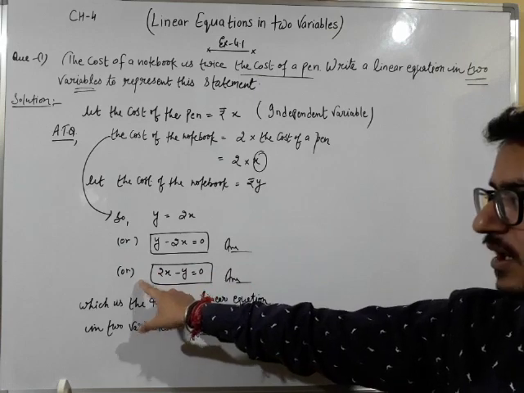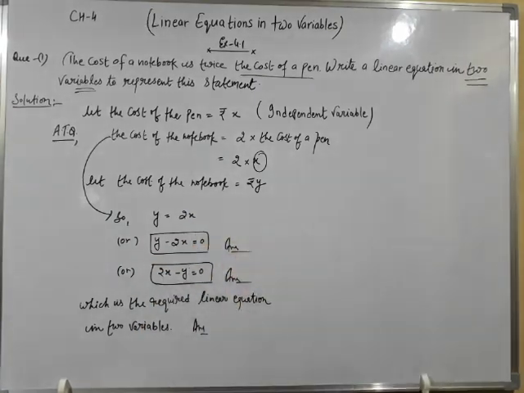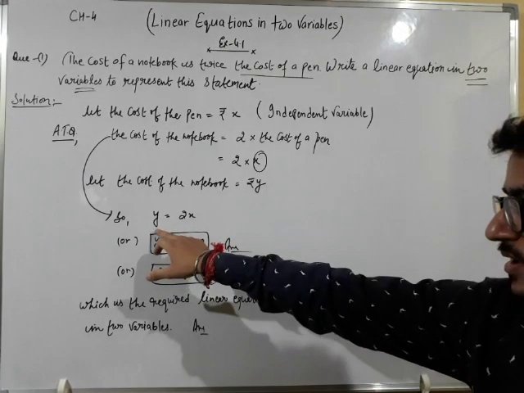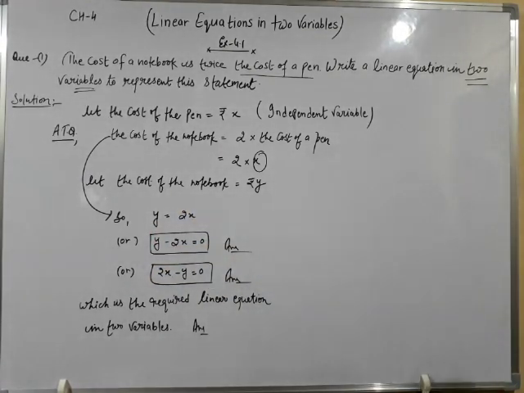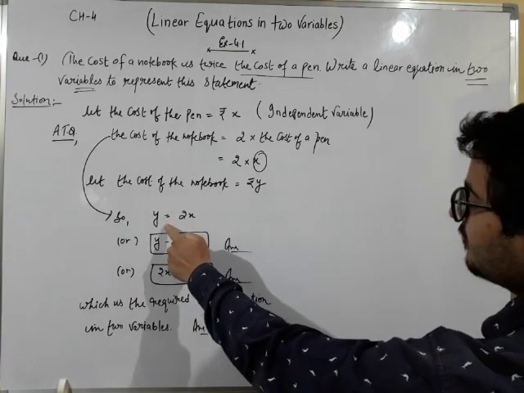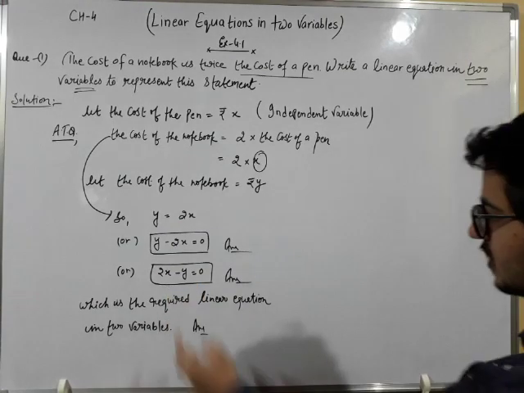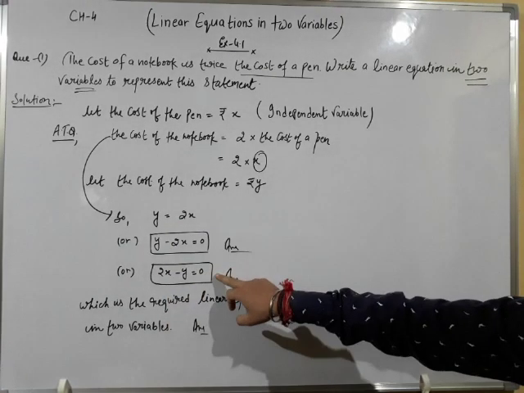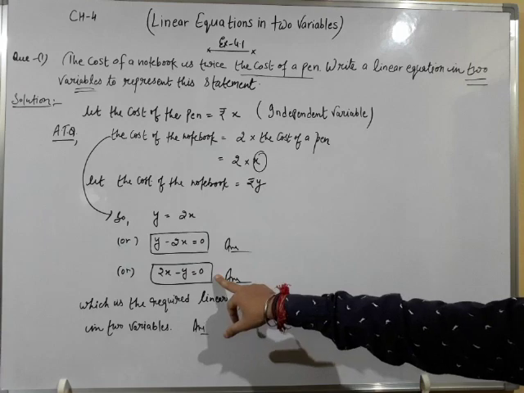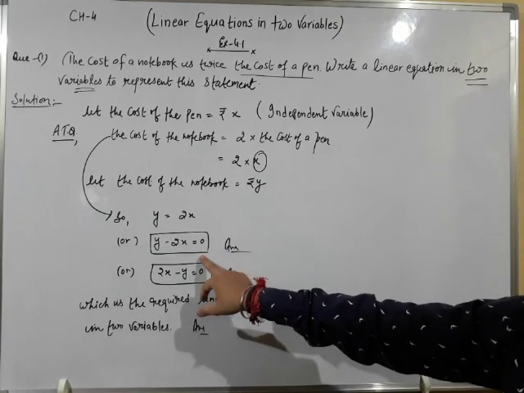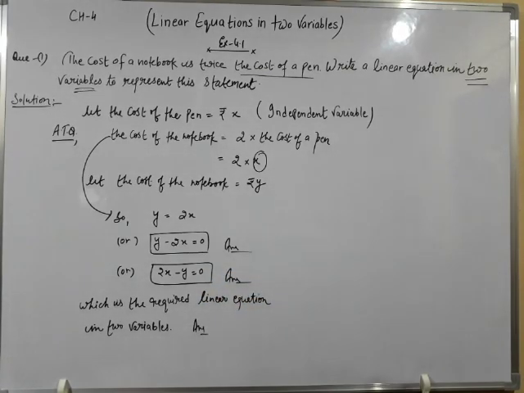Or we can transpose y from the left hand side to the right hand side, and then y will become negative, so it will be 2x minus y equals 0. Both are the same equation, no need to worry. You can clear your doubt by taking minus common from either equation. So this is the required linear equation in two variables.